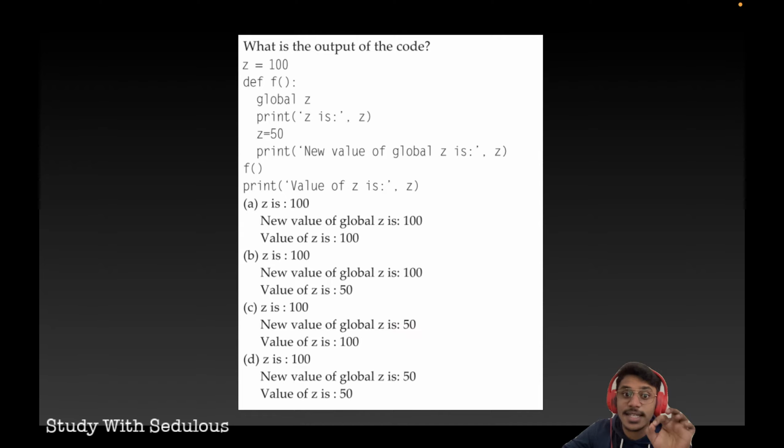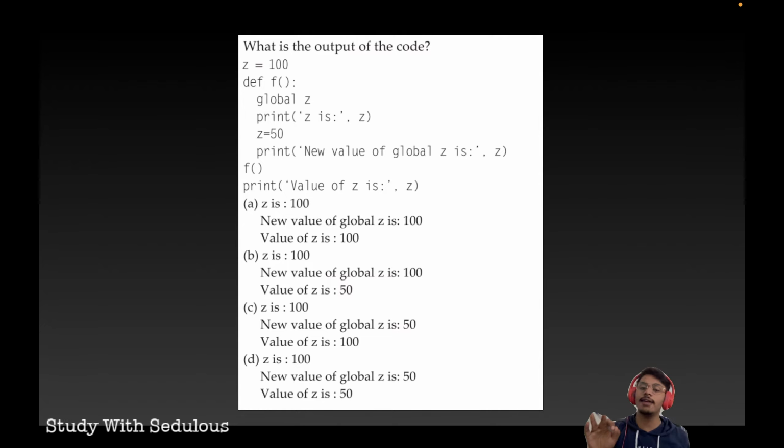Fine. Now we are defining Z is 50, and that is a global variable. Global Z is 50. So the new value of global Z is 50. For sure it will be 50. And option A, B is 100, and that's completely wrong because we have already defined global Z. We have specified it by saying global Z, which means we have defined it.